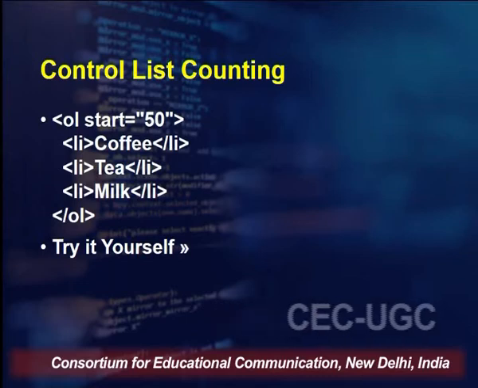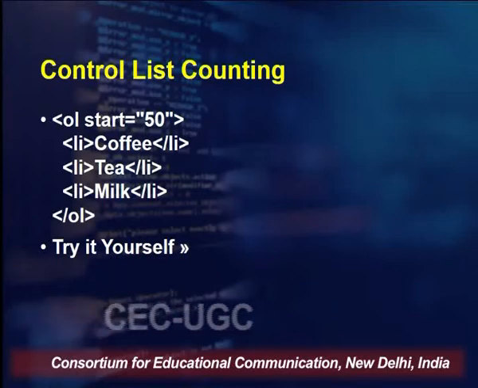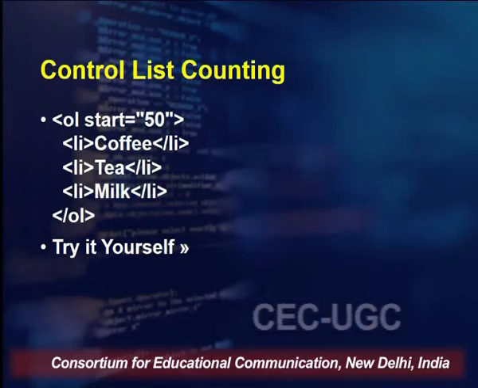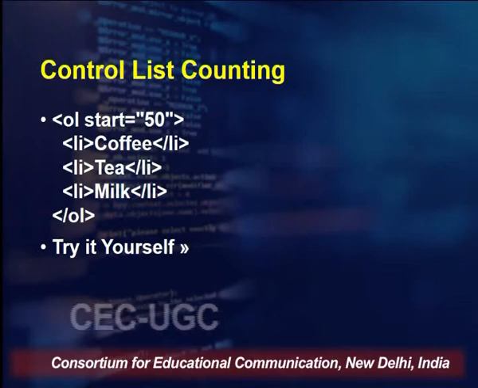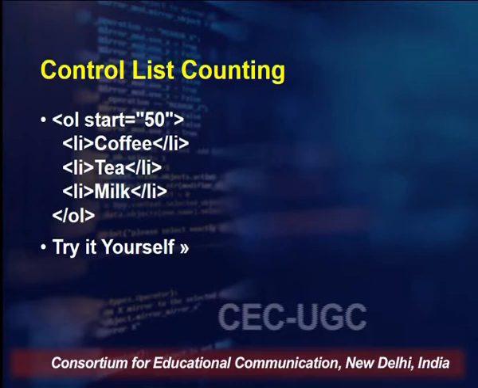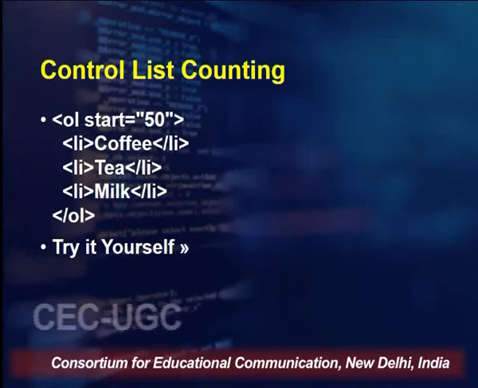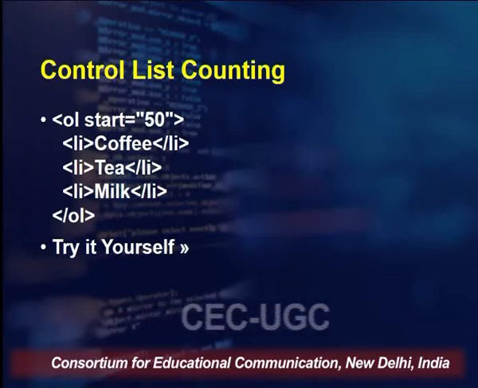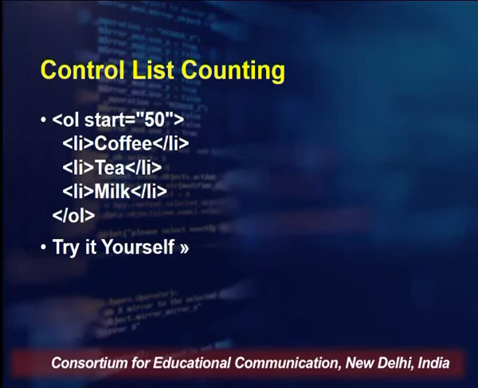I have mentioned the value of the start attribute, and I have not mentioned a value for the type attribute, because I am not changing it here. The type attribute is by default 1, 2, 3, and then this will start the list counting at 50, 51, and the third item will be 52. This is going to happen if we use the start attribute, and this process is known as control list counting.